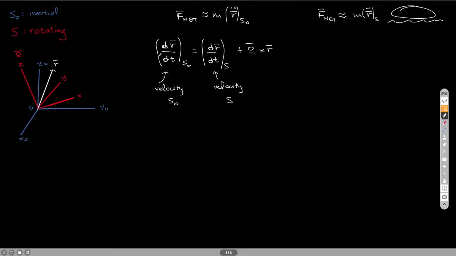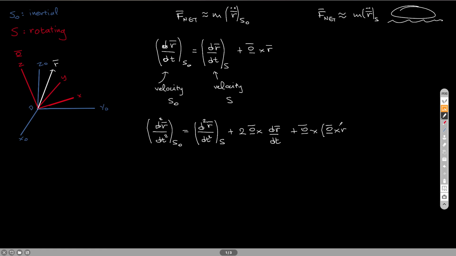That work does get complicated, but at the end of the day, the second time derivative of position in the inertial frame of reference is equal to the second time derivative of the position vector with respect to time from the rotating frame of reference, with the addition of 2 omega cross dr/dt, the linear velocity, plus the angular velocity cross the cross product of the angular velocity cross r.